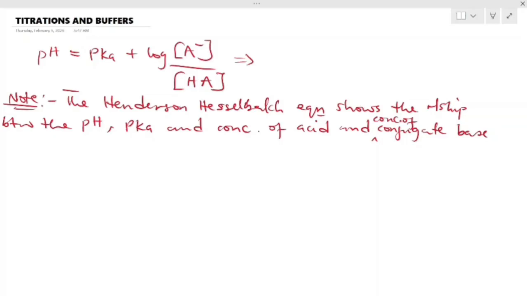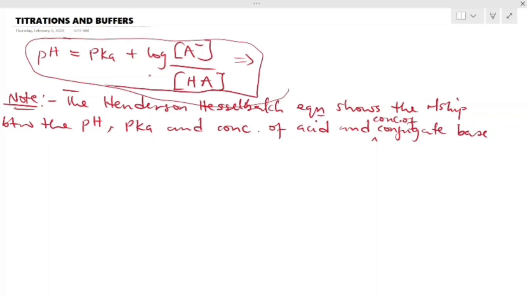So this is the fundamental reaction of acids and bases. We use this as the basis of discussing titration, because it is the fundamental reaction of acids and bases.